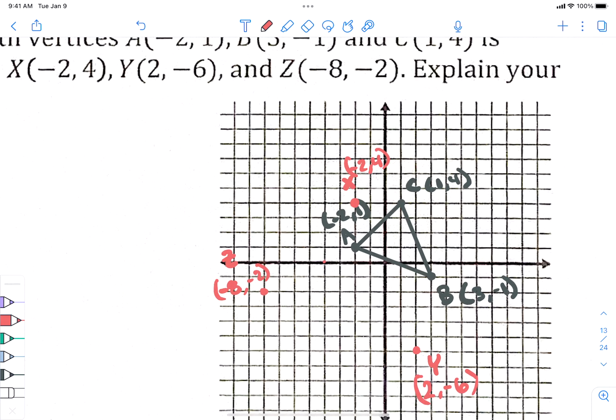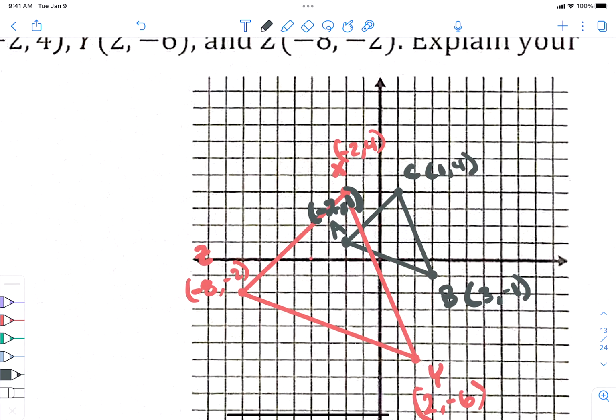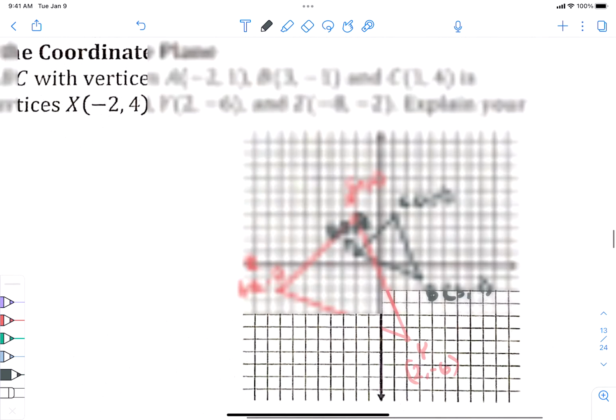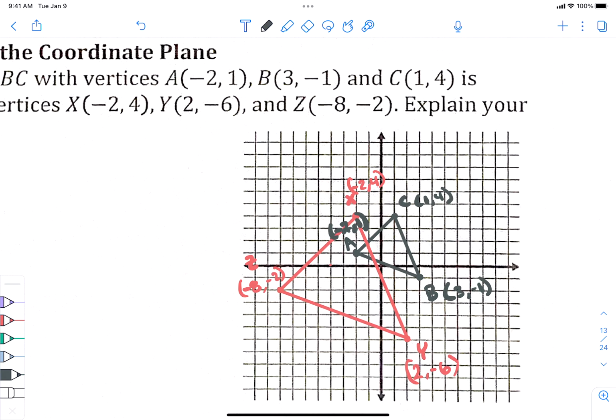Okay. Here we go. Good? We got them all plotted?